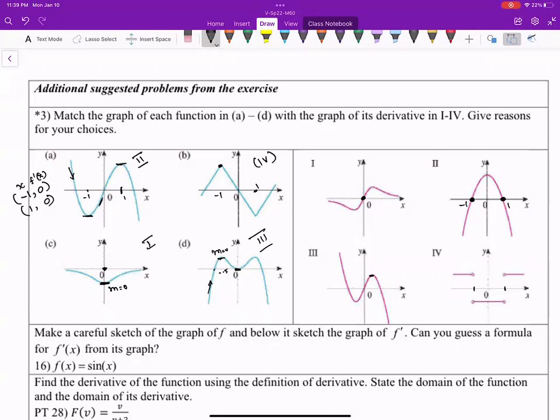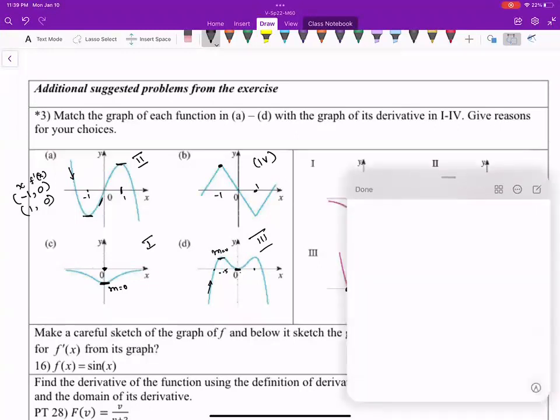You notice that at 0.5 it crosses the x-axis, the slope is 0 there. At 0 the slope is 0, and at 0.5 the slope is again 0. So it is more like 3.